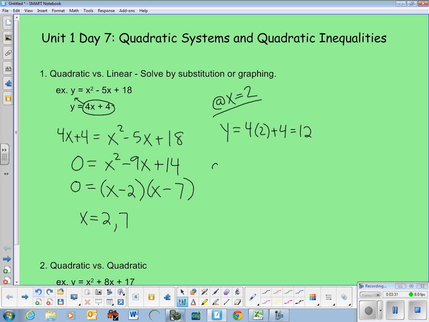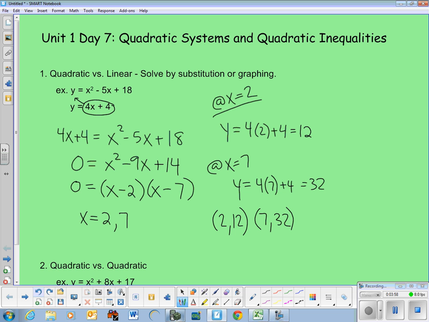And at x equals 7, y equals 4 times 7, 28, plus 4, 32. So my two solutions, remember to write your solutions as ordered pairs: (2, 12) and (7, 32).